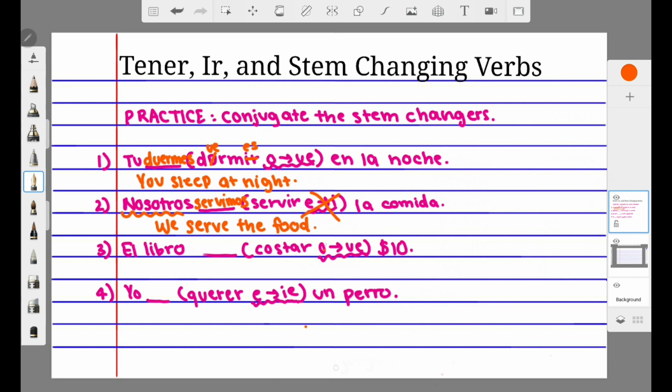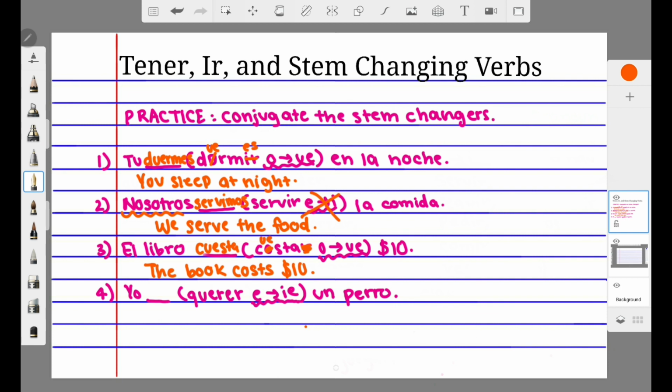El libro costar, O to UE, $10. So this is going to be cuesta. The book costs $10.